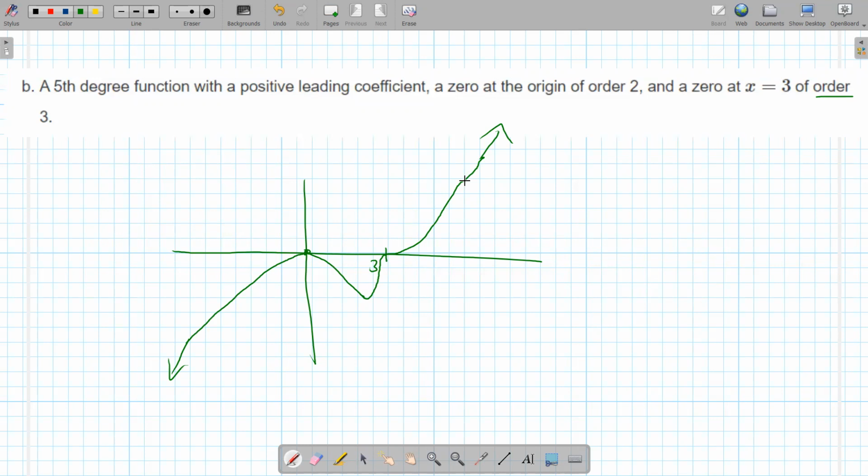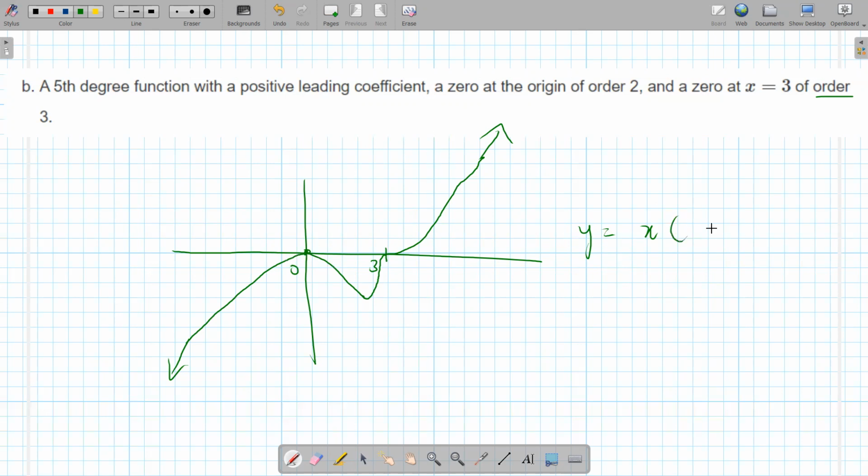Well, it would be y equals x to the power of 5. No, that's wrong. You have to look at it from a factored form perspective. You see this one at 0, there is a turning point. So what's the power of x?